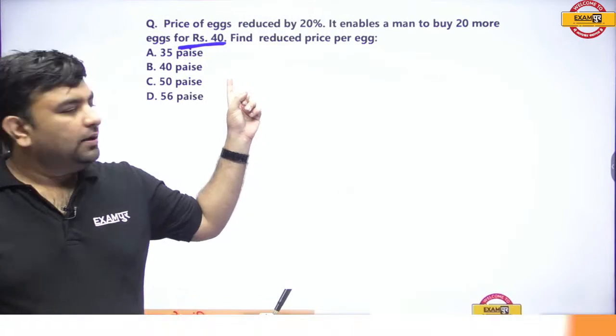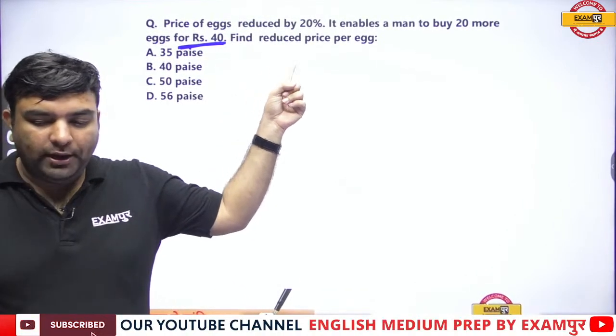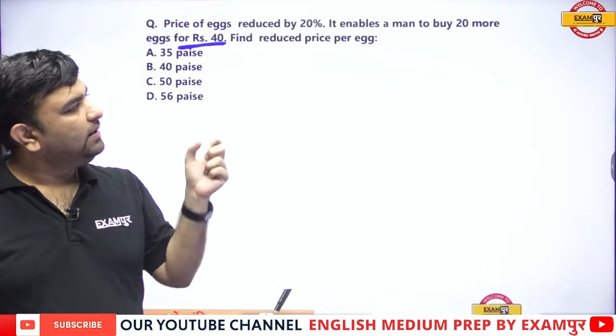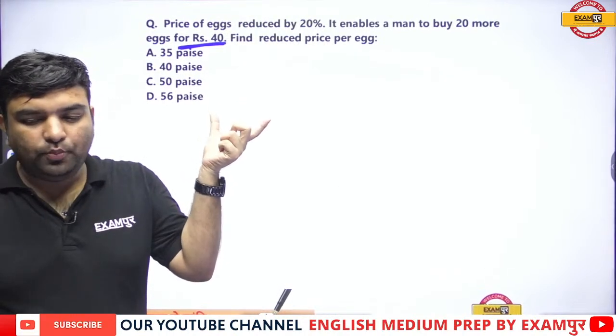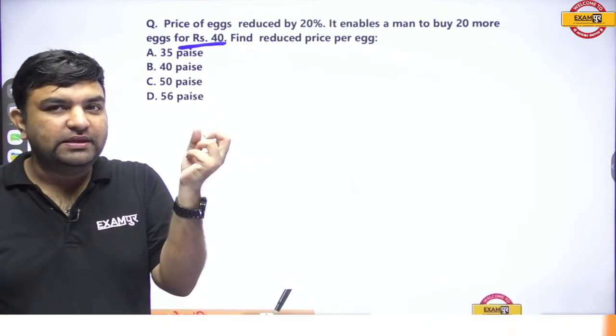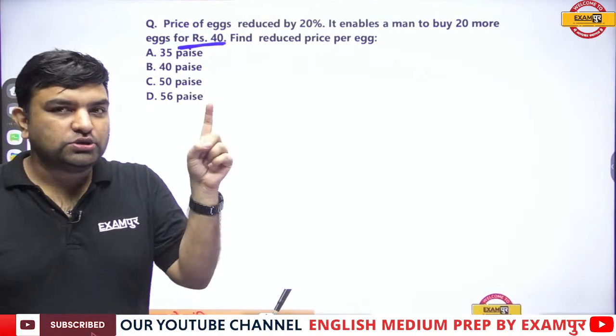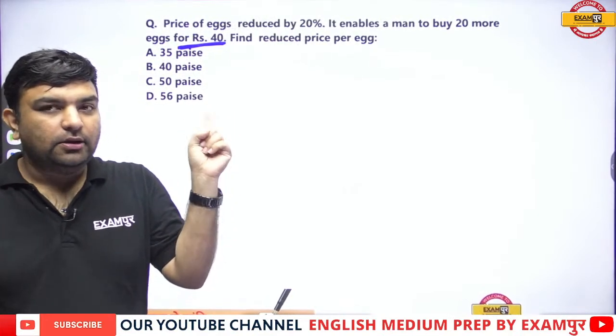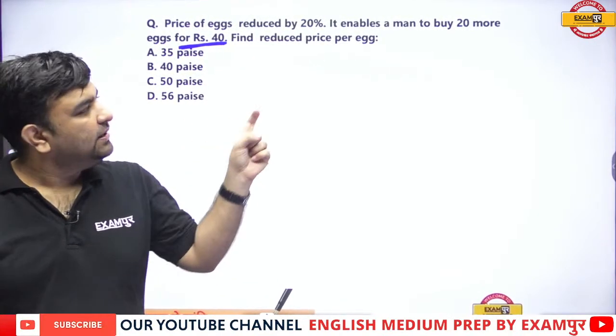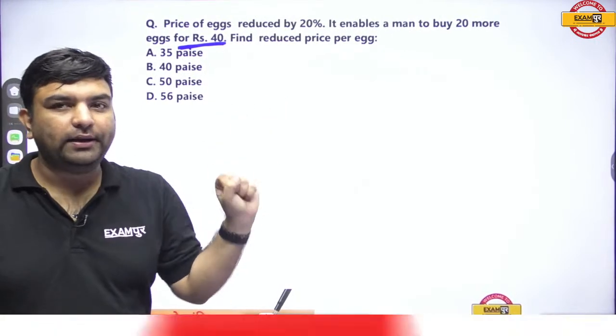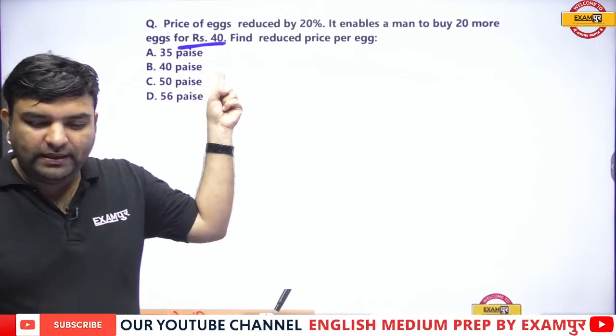Read the language. Price of the egg reduced by 20%. It enables a man to buy 20 more eggs. Means quantity, because of reduction in the price, he can buy 20 more quantity for the same rupees.